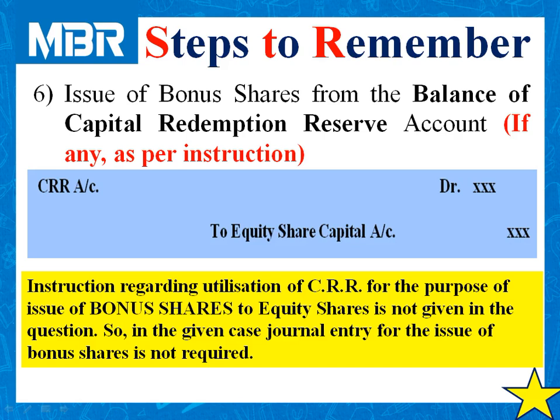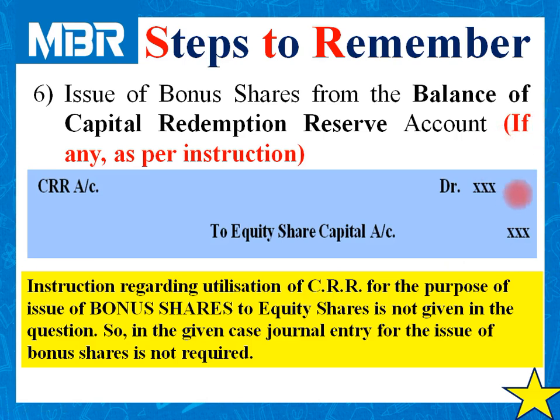But as per the guideline of the Companies Act, we may issue bonus equity shares to equity shareholders from capital redemption reserve. So we need to focus on the sixth step as well. Our sixth step is issue of bonus shares from the balance of capital redemption reserve account.